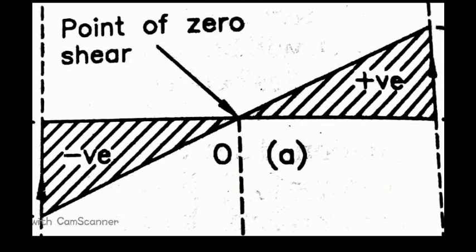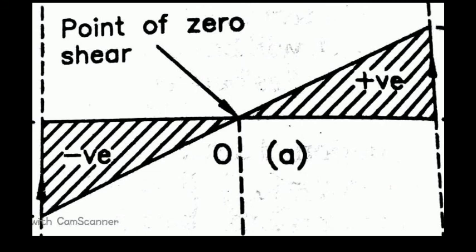After that, the SF at point A is again 50, but in the downward direction. One is upward, another is downward. Then again join with a straight line. These two triangular boxes together are called the SF diagram, that means SFD.